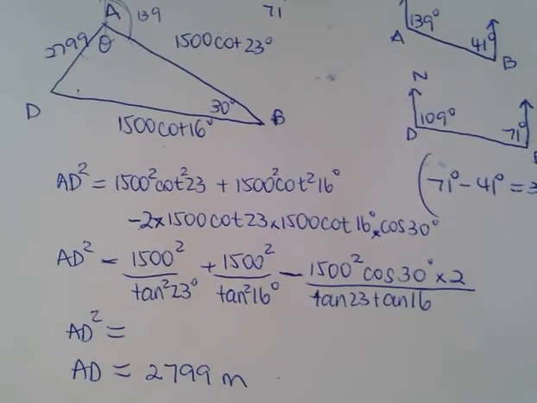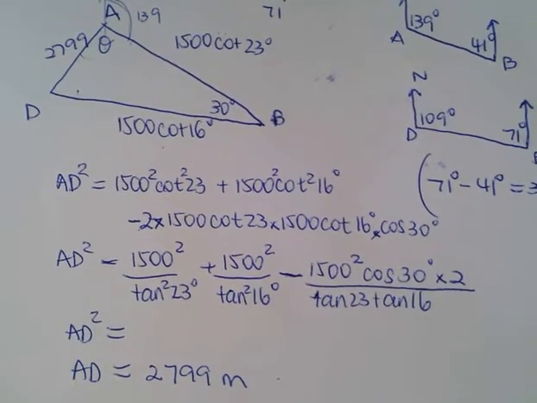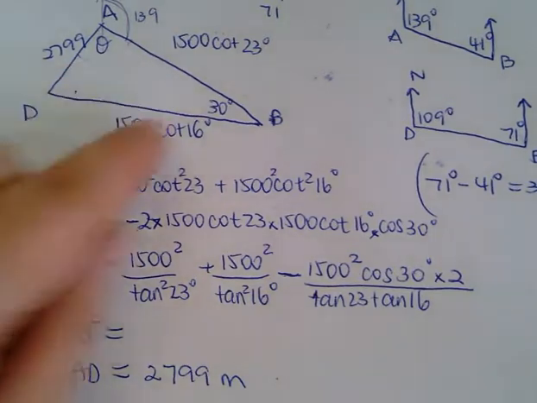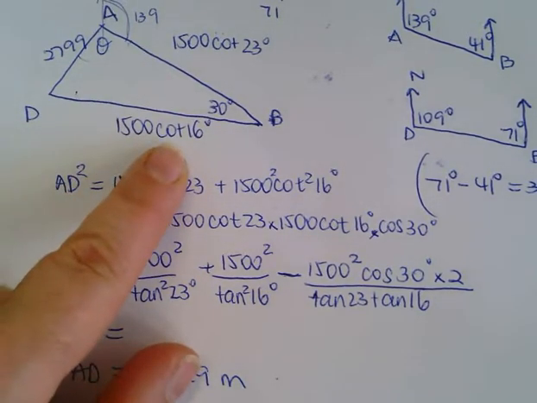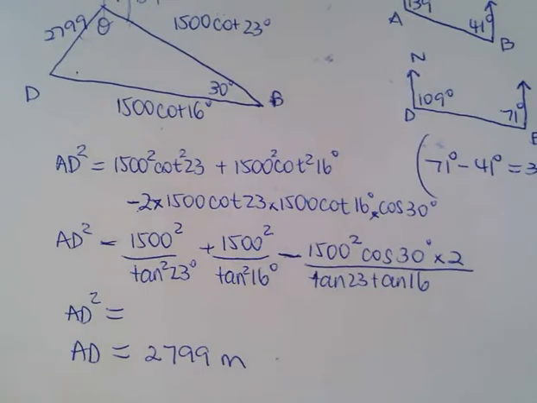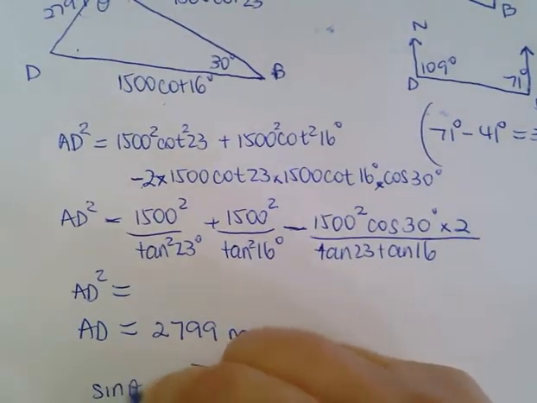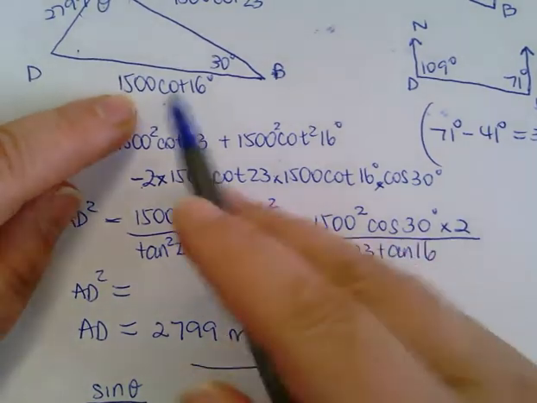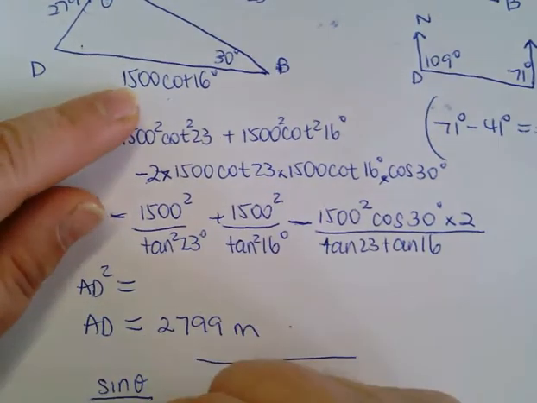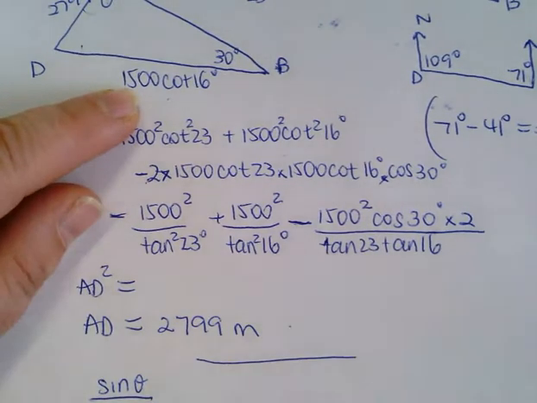So we have to find theta using this time the sine rule. So we've got sine theta over, I'm not going to write it as 1500 cot, I'm going to write it as 1500 over tan 16 degrees, is that okay?